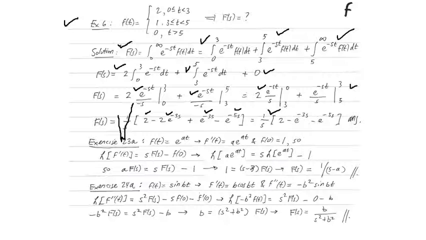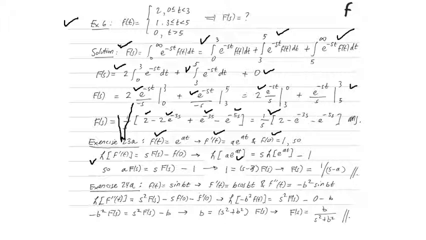In exercises 23 and 24 in my book, I asked the student to try using the operational property to prove some of the Laplace transform facts, and hopefully it will be helpful to go through 1 or 2 examples here. In exercise 23a, if we take f of t as e to the at, and differentiate that, and check the initial value, then we take our operational property here and plug everything in.